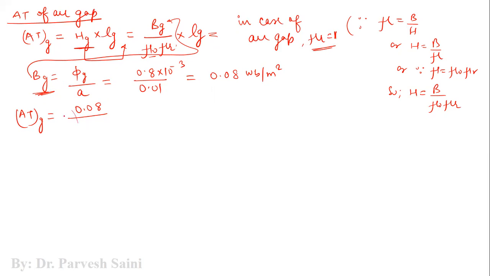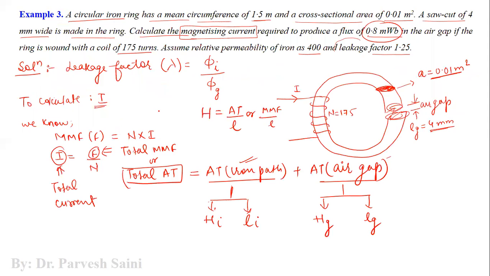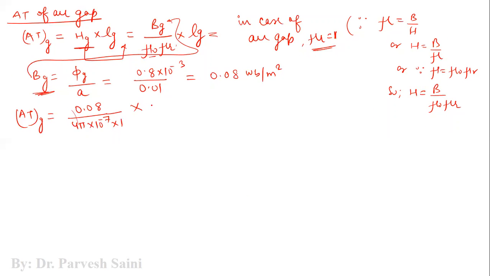The value of mu naught is 4 pi into 10 raised to the power minus 7 into mu r equal to 1, into the length of the air gap, which is 4 mm. In SI unit it would be 4 into 10 raised to the power minus 3 meter, right? So the value of ampere turn of the air gap is equal to 254.6 ampere turns. So this is the ampere turns of the air gap.